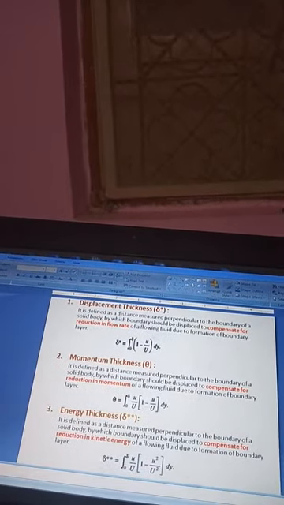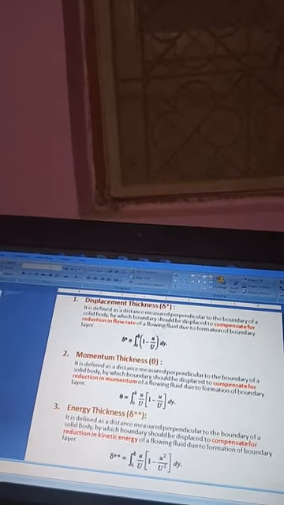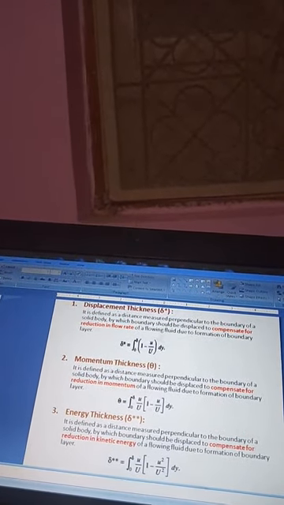Friends, I request all of you to please remember these formulas for displacement thickness, momentum thickness and energy thickness, because in the exam you are having one numerical to calculate all these terms for boundary layer theory.